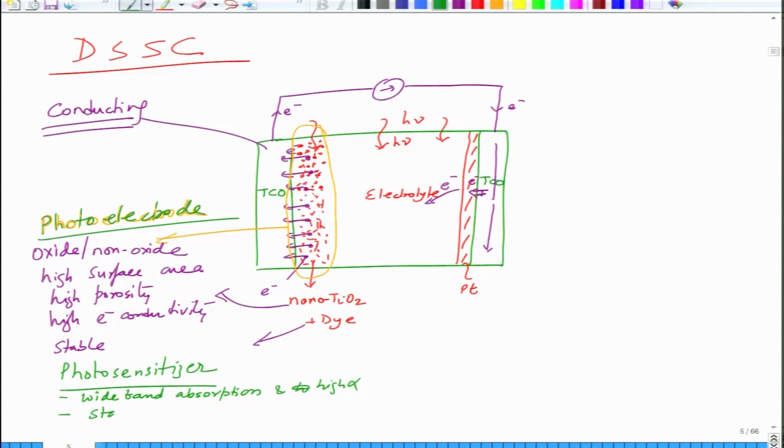It should be stable, and it should have optimum redox potential.